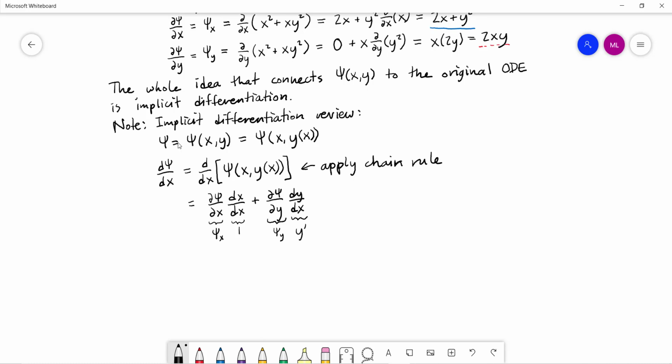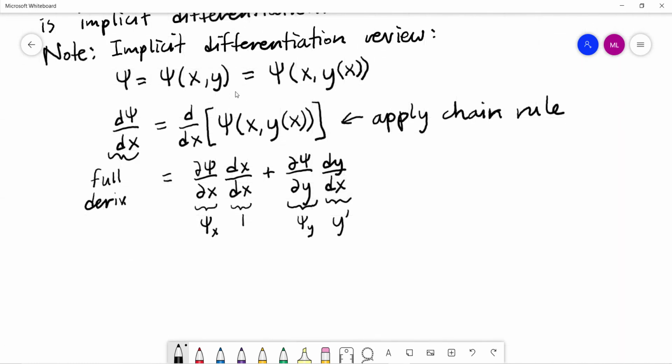So long story short, d psi dx is what we're calling the full derivative, because ultimately everything that psi depends on, both x and y, in turn depends on x. And so we can take the full derivative with respect to x in this case.